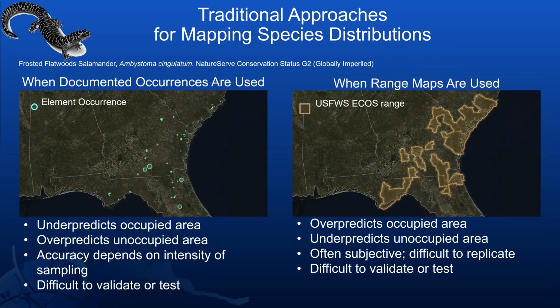And yet it is one of these two approaches that are the most widely used data inputs for spatial conservation analyses. If we're going to be effective and efficient about identifying conservation investments, and where to avoid conflict with infrastructure development, agriculture, or other land uses, we need to dramatically improve our spatial data for species at risk.